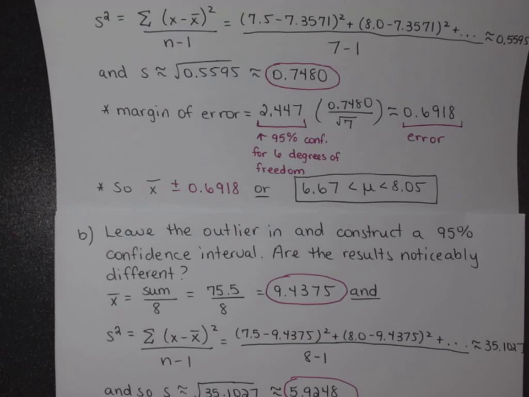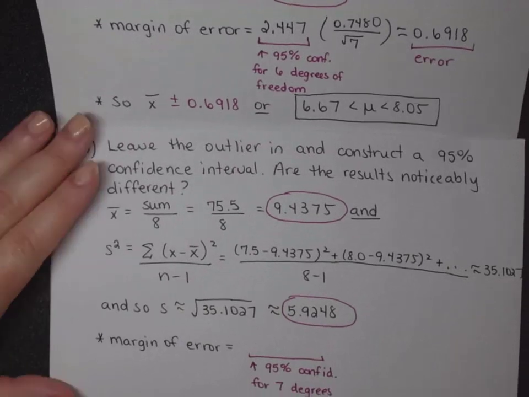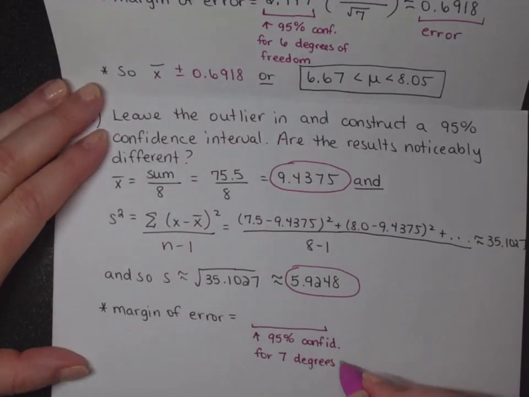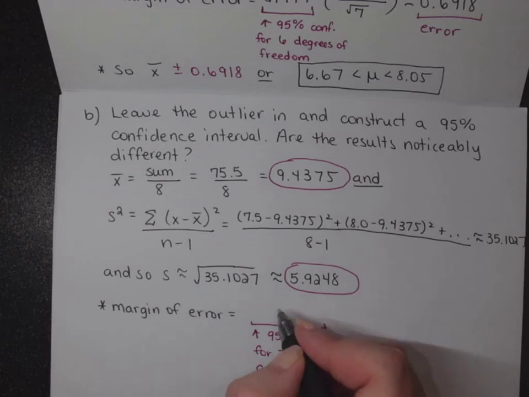But this time it's for 7 degrees of freedom because n is 8. Okay, so again, you're going to look on your chart and see where 95% confidence intersects with 7 degrees of freedom, and it looks like it's 2.365.